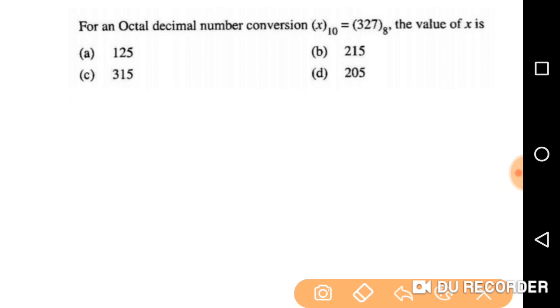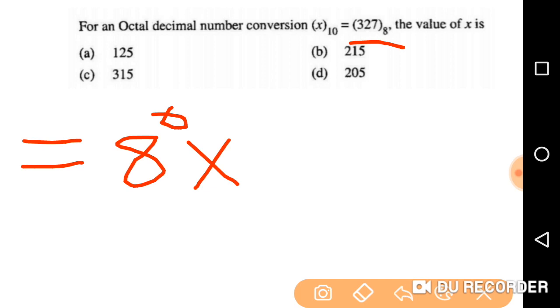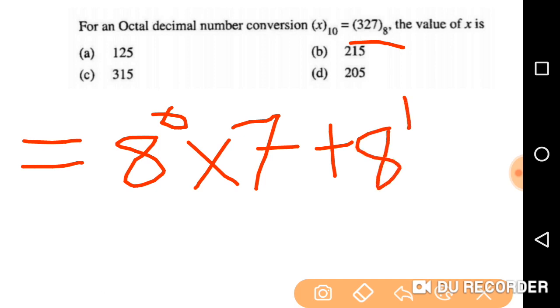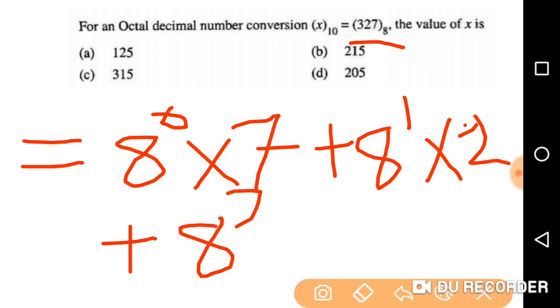So converting this, it will equal 8 to the power 0 multiplied by the number at the unit place, plus 8 to the power 1 multiplied by the number at the tens place, that is 2, plus 8 squared multiplied by the number at the hundreds place, that is 3.